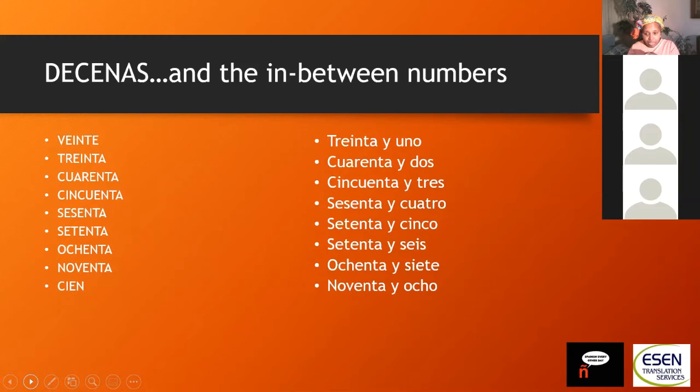Just as Carrie wrote in the chat box, when you come to 31, 42, 53, etc., all the numbers between the tens, you have to say 3 words. So you don't say 31 as 1 word. Now, to our ear, it sounds like 31 as 1 word, but it's 3 words.